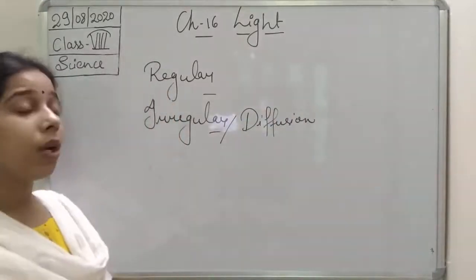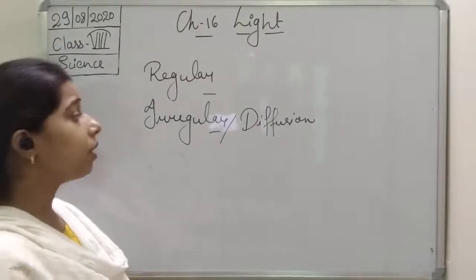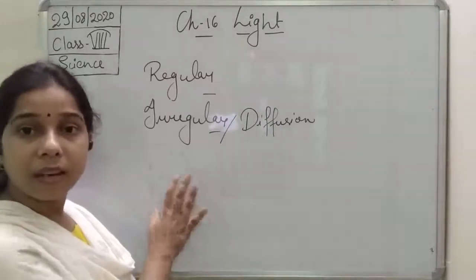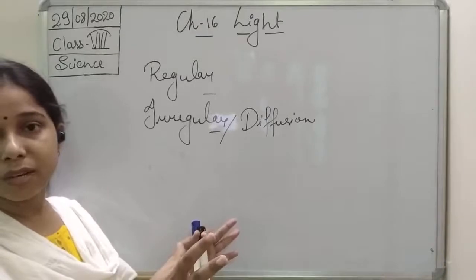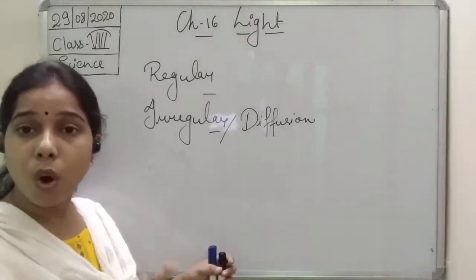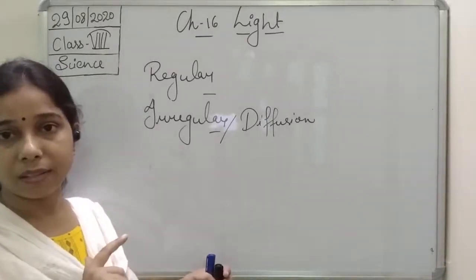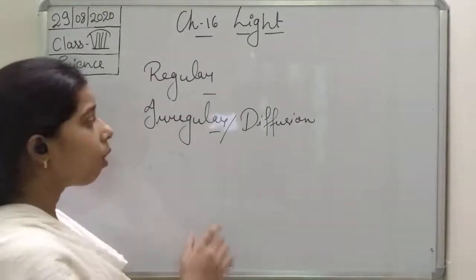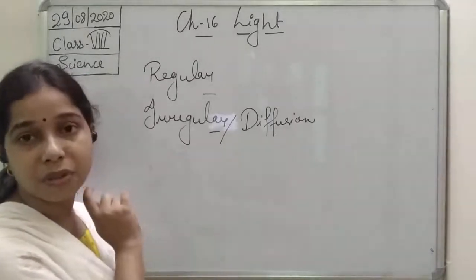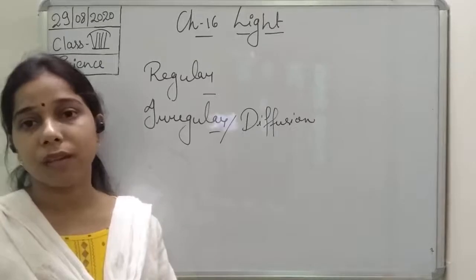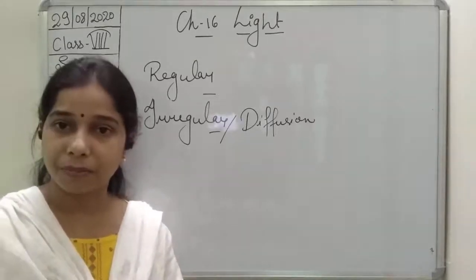Okay? Not only this, students, in irregular reflection, light gets reflected in different directions, so it is the cause of the scattering of light. Because of irregular reflection, we are able to see the things present around us.